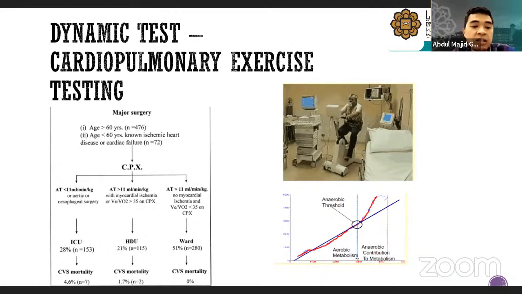If the patient has an anaerobic threshold more than 11 ml per minute per kilo, however with myocardial ischemia during the activities, the patient needs to be admitted to HDU with mortality around 1%. And if, in a normal condition, the anaerobic threshold is more than 11 ml per kg per minute without myocardial ischemia, this is very safe for the patient.